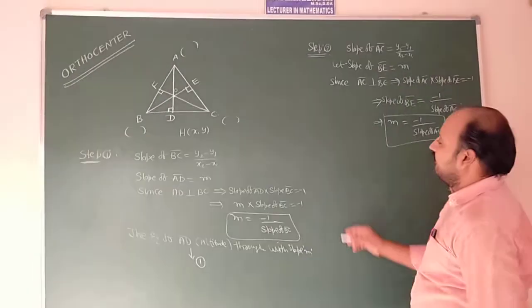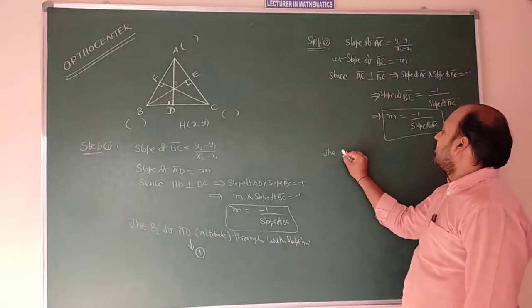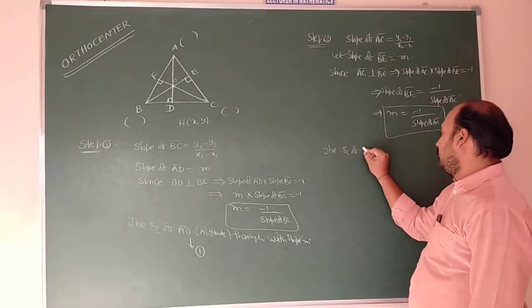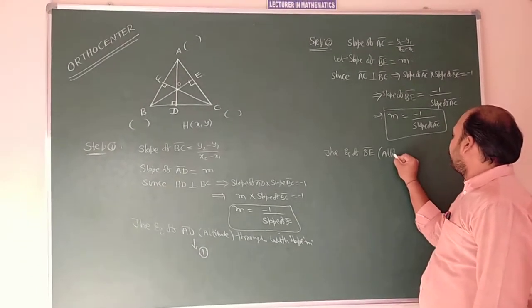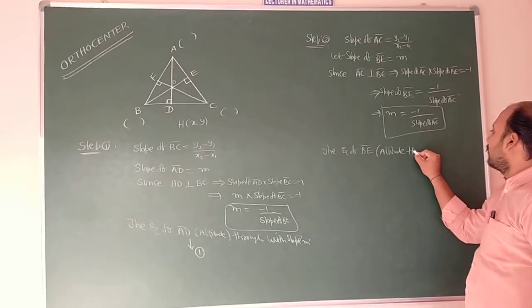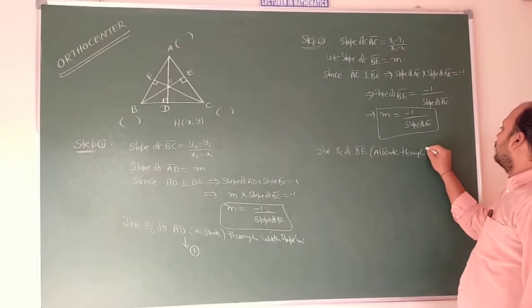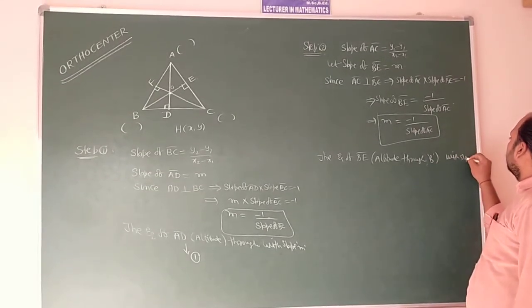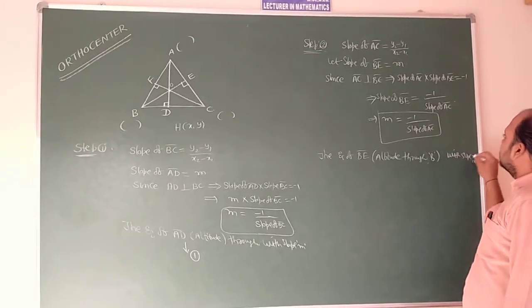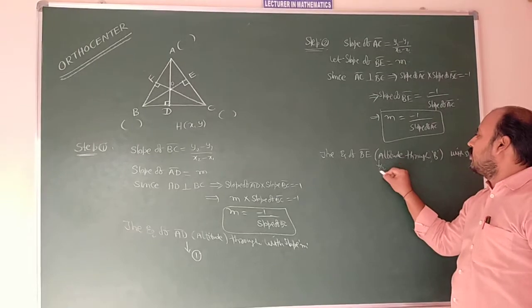After calculating our M value, the equation of BE, altitude through B with slope M, is which type of equation? This is equation number 2.